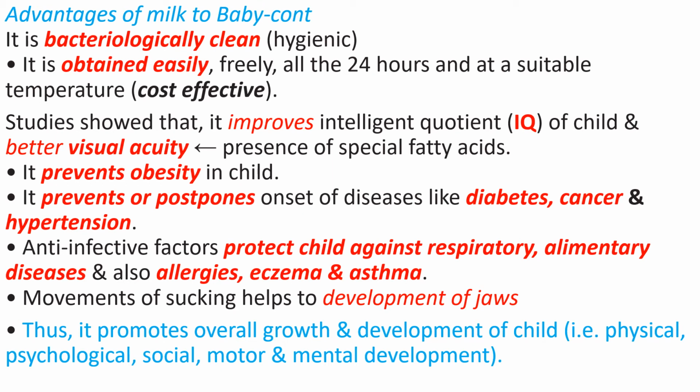It prevents or postpones diabetes, cancer, and hypertension in the child. Anti-infective factors protect the child against respiratory and alimentary diseases, allergies, eczema, and asthma. Movements of sucking help the development of the jaws, thus promoting overall growth and development of the child.